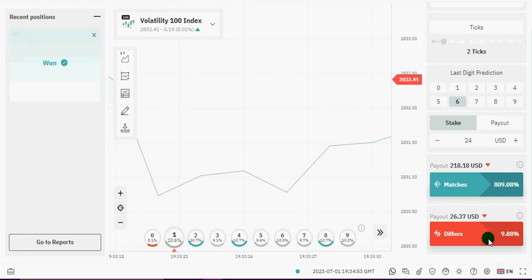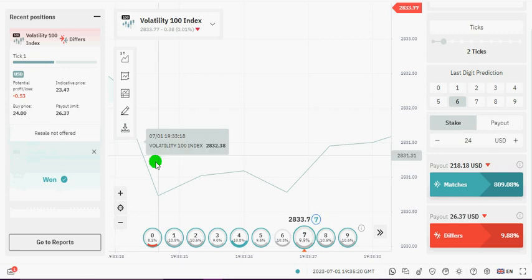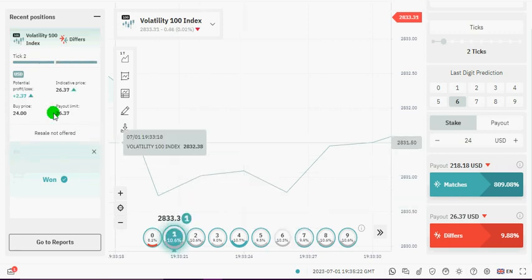So we have to wait. Have to be patient. That's 6, that's 5. So let's wait for the outcome of that trade right here. So you can see we won that trade.